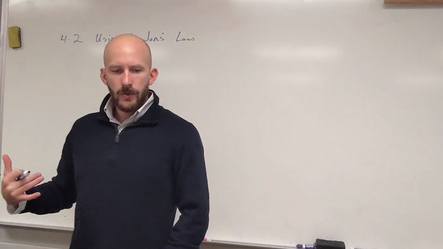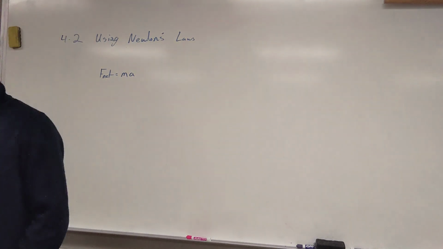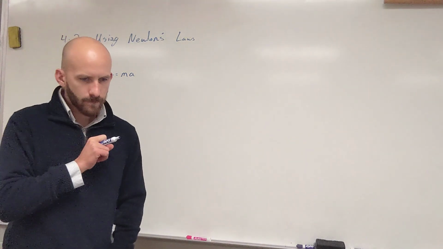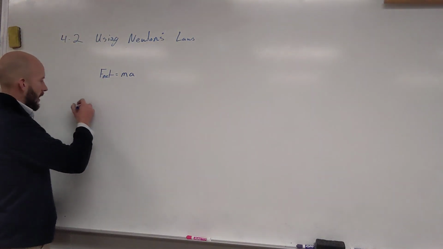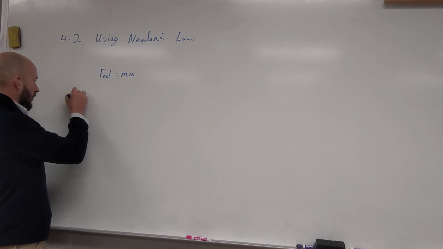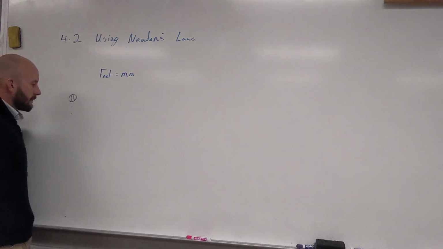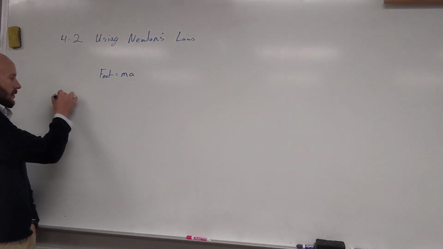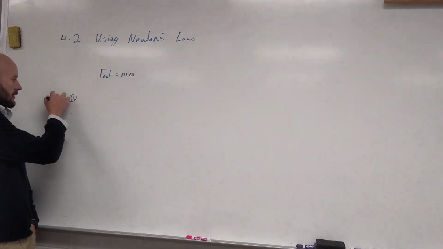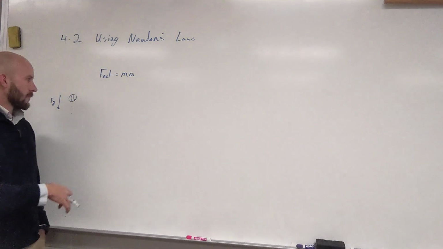First we're going to look at the weight force acting on an object. If I have an object in free fall, so imagine some type of ball falling, we're going to say the only force acting on it is F sub g, the force due to gravity.